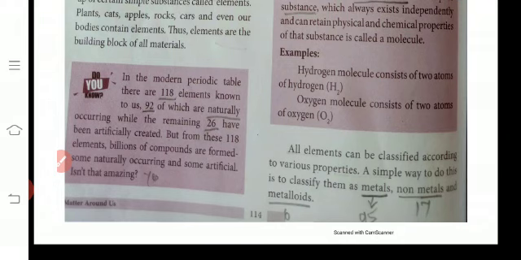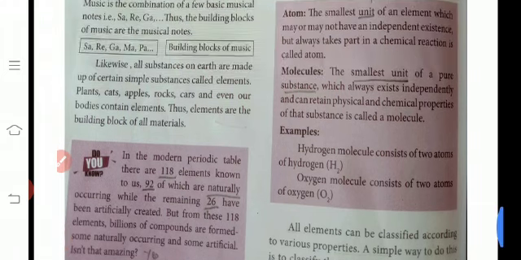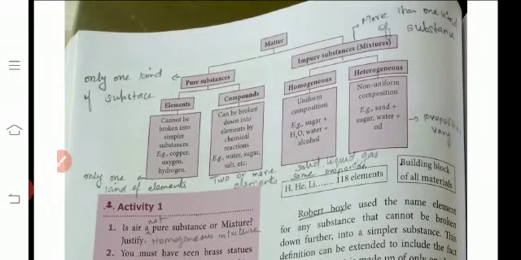Of the 118 elements, 95 are metals, 17 are non-metals and 6 are metalloids.